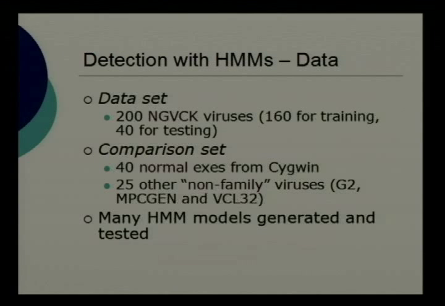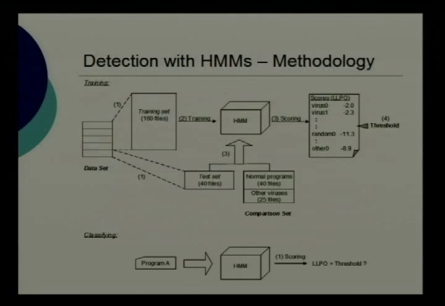In our tests, we generated 25 models using different numbers of hidden states. The number of hidden states ranged from 2 to 6, and we chose different sets of 160 training sequences to generate different models and do the same kind of tests. So this is a diagrammatical view of the whole process, as I explained.